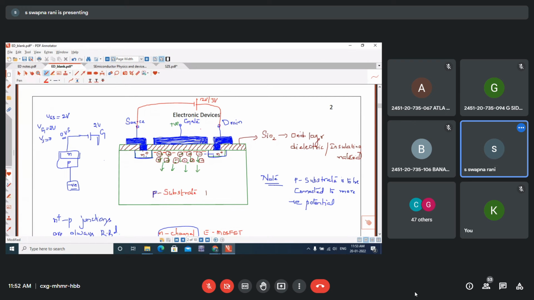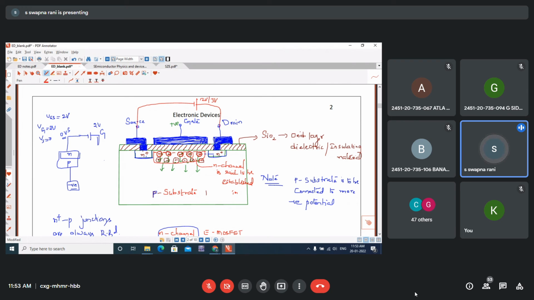So these ions are negatively charged, and electrons are also negatively charged particles. So an n-type channel is said to be established, extending from source to drain.